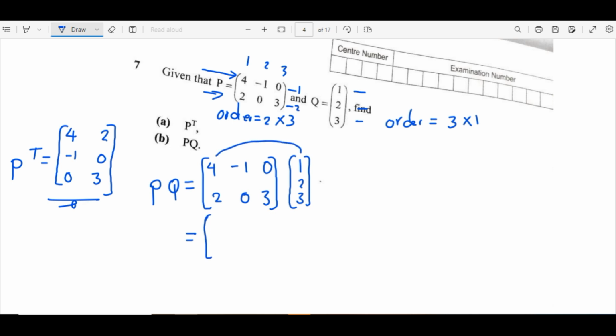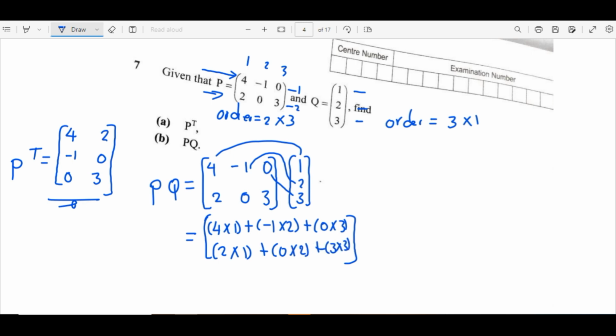This 4 will multiply with 1, plus this negative 1 multiplied with 2, plus this 0 by 3. Then we do the same with these 3 numbers: 2 times 1 plus 0 times 2 plus 3 by 3.